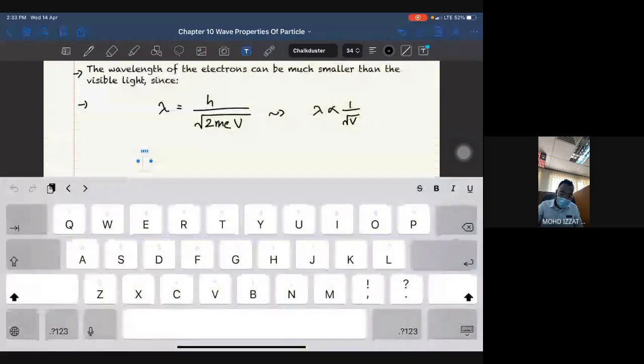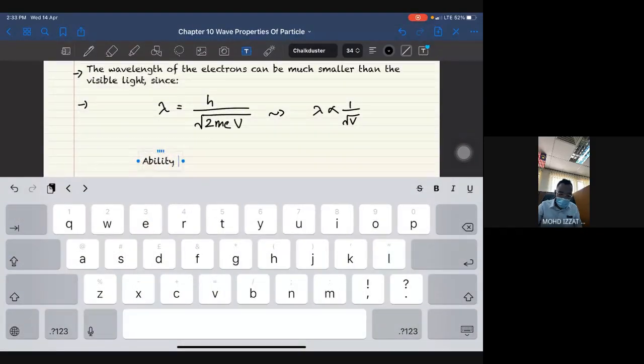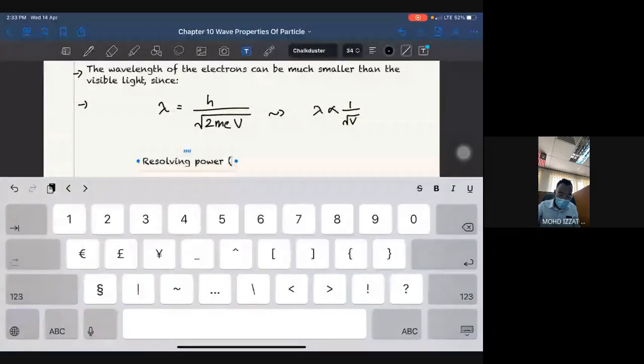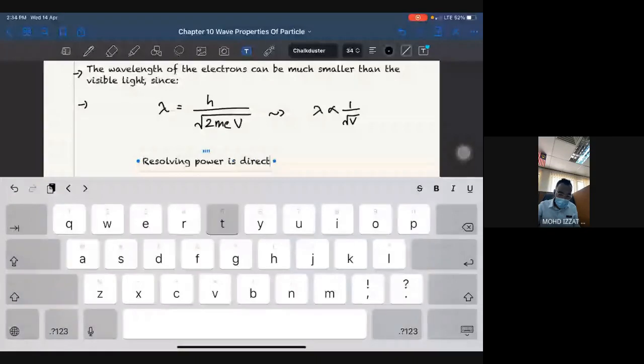the ability or the resolving power, which is the ability to resolve, is inversely proportional to the wavelength.